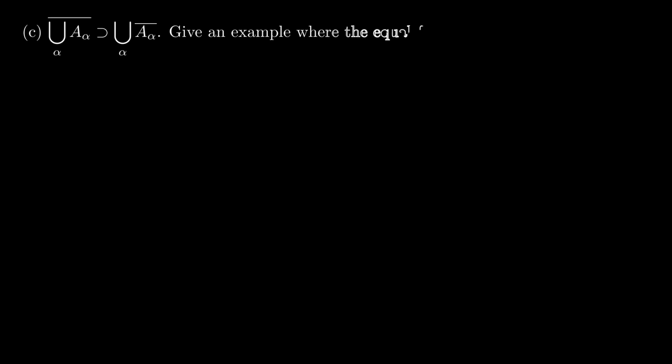The closure of an arbitrary union contains the union of their closures. Give an example where the equality fails. The inclusion works as in the previous part, except that now it is for each A sub alpha.